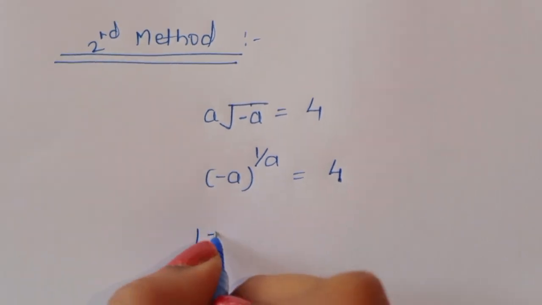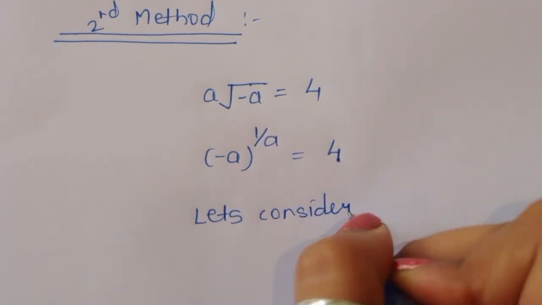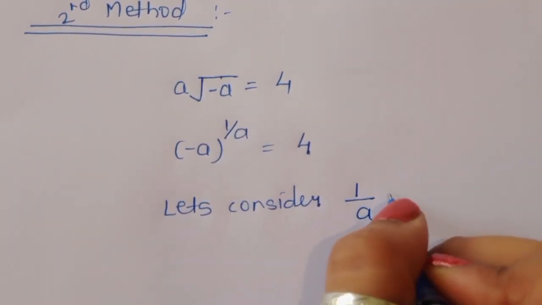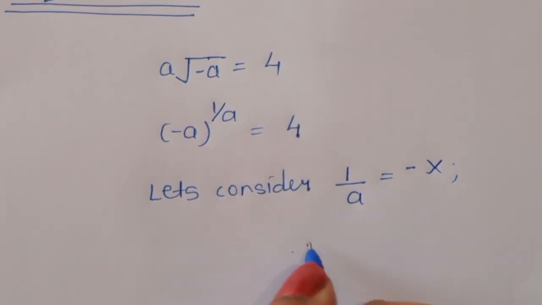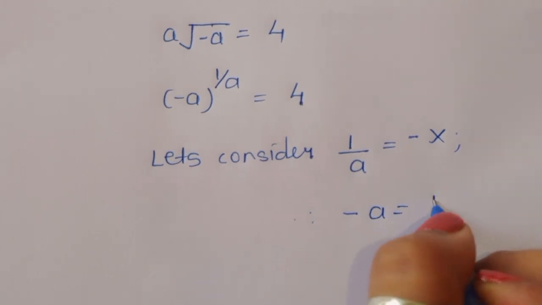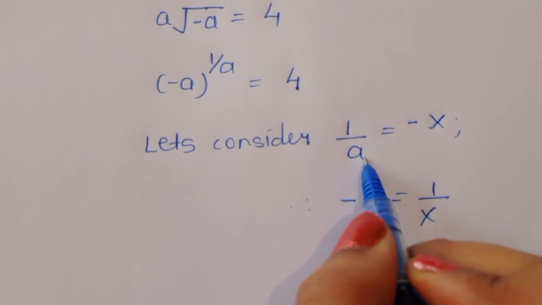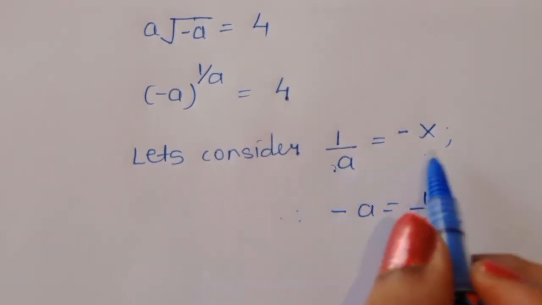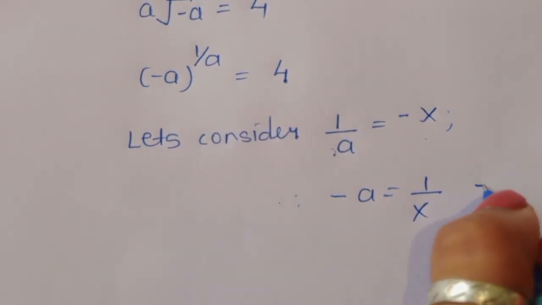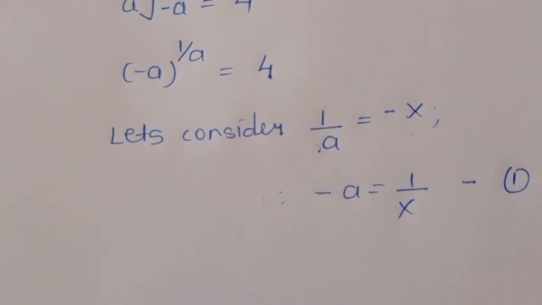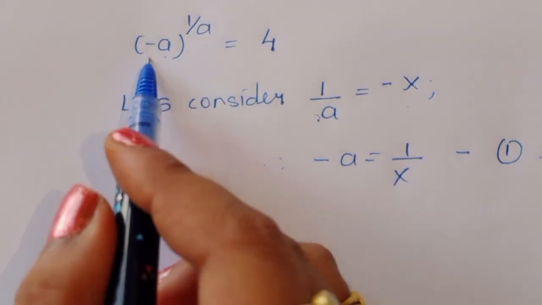Now let's consider 1/a = -x. Therefore -a = 1/x. If this term goes to this side, then this will come to this side. So -a = 1/x, so a = -1/x. This is equation 1.